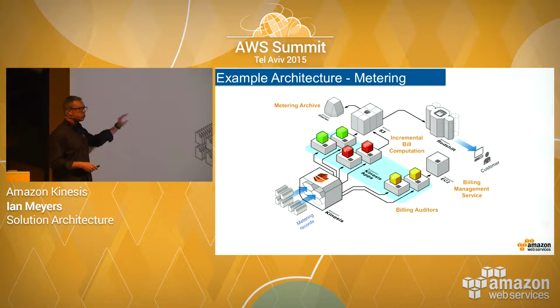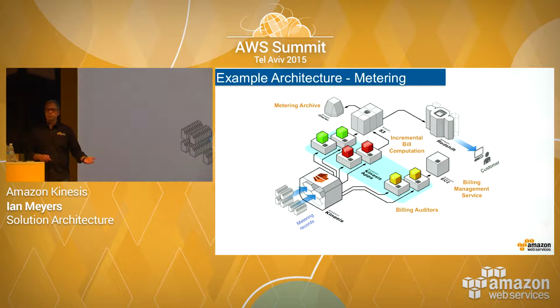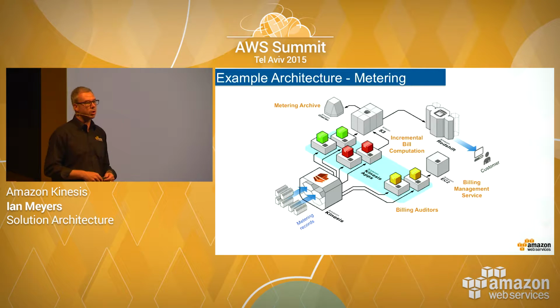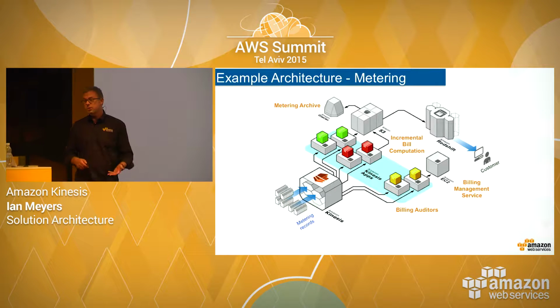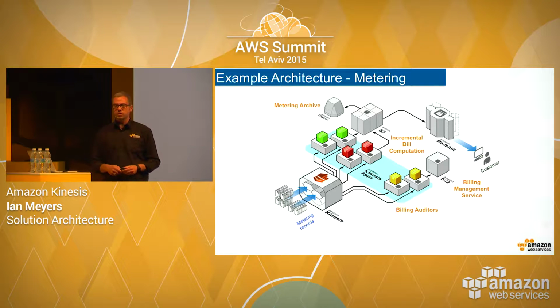One of those applications would be storing our stream in whatever format makes the most sense for you into a platform like S3 so that we can access that data with a variety of other tools, including tools like Elastic MapReduce or Amazon Redshift. And we'll talk about some of the ways that we make that very, very simple to manage.